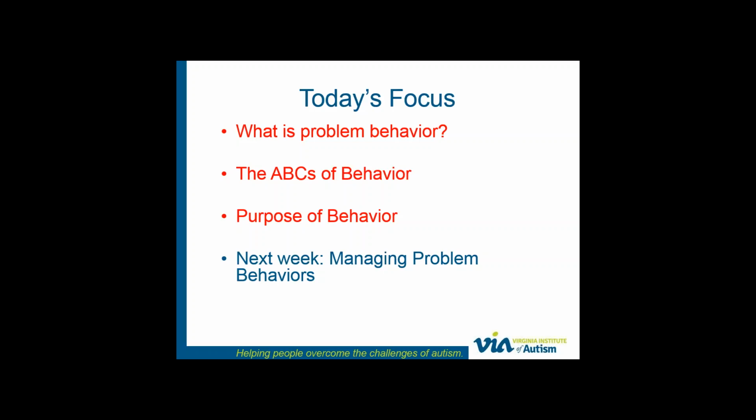So everybody has a data sheet. Folks online that are listening to this, there's a data sheet on the website as well, so that you can dissect your own child's behavior as we go along. And as we go along, I'll let you know when to start entering the different pieces of information. Okay? Do you have a specific kid in mind too that you're thinking about? Sure. Yeah, come up with a kid that you know, even if it's a sibling. It doesn't have to be a child diagnosed with ASD, just so that you can also go through the process of dissecting the behavior.